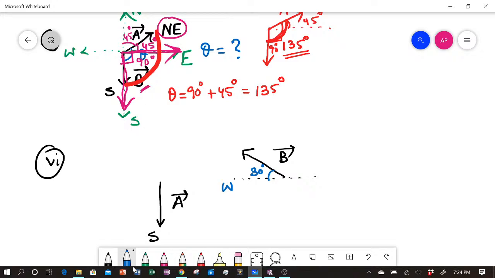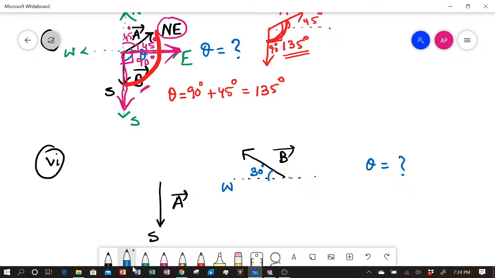Now tell me, what would be the angle between A vector and B vector? How much would be theta? Come on guys, tell me quickly.